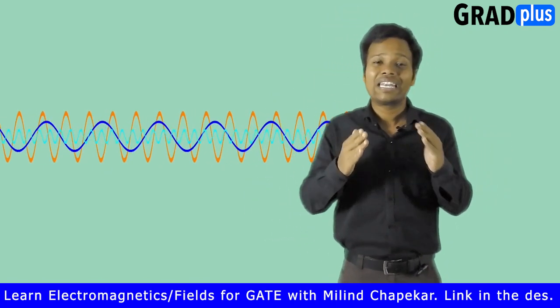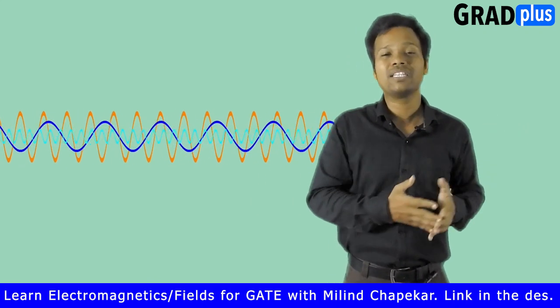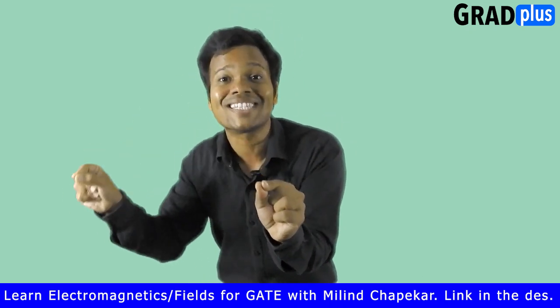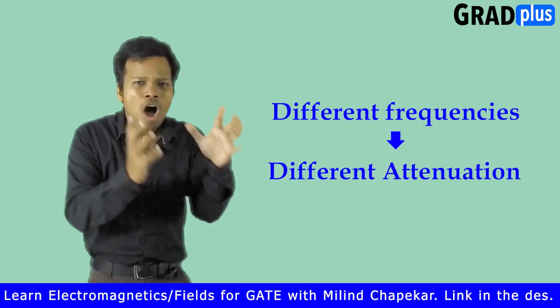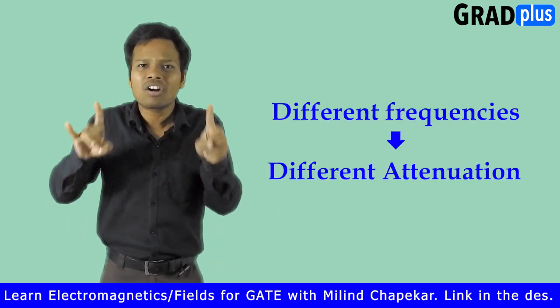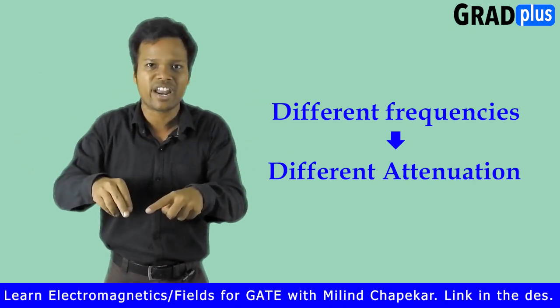And my dear, when the electromagnetic energy corresponding to the message signal propagates over the transmission line, the different frequency components of the message signal get attenuated to a different extent. All the frequency components of the message signal are not attenuated by the same extent.